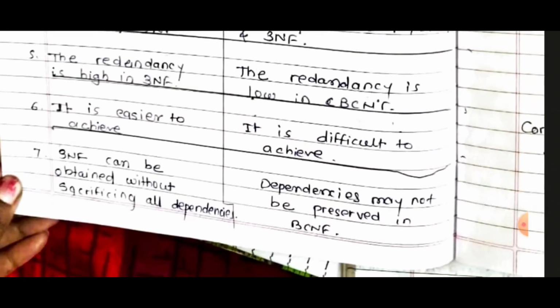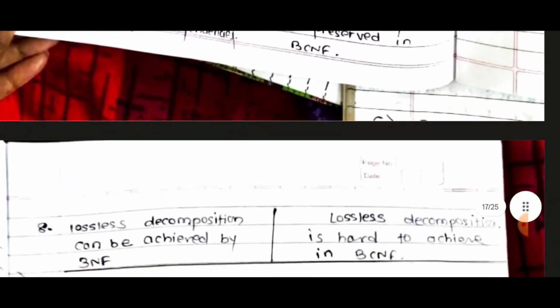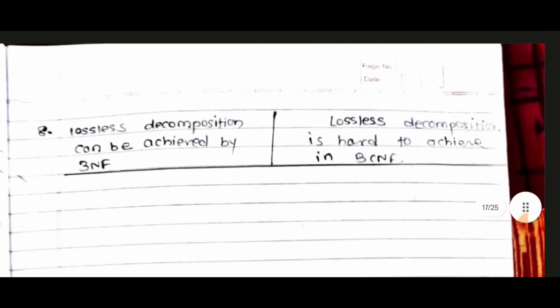BCNF is difficult to achieve. 3NF can be obtained without sacrificing any dependencies. Dependencies may not be preserved in BCNF. Lossless decomposition can be achieved by 3NF. Lossless decomposition is hard to achieve in BCNF.